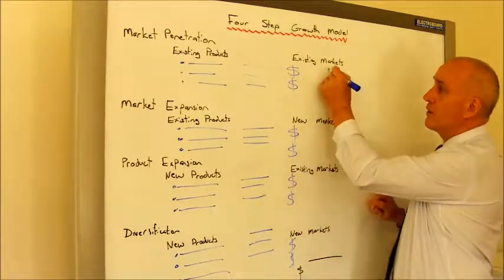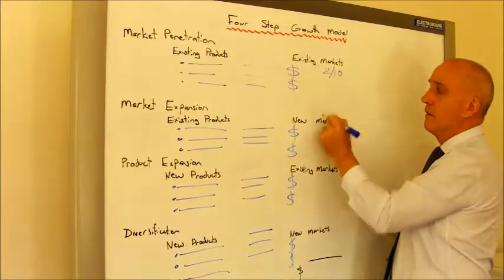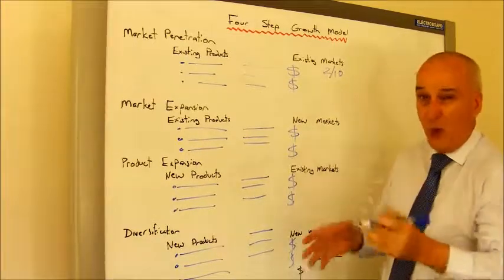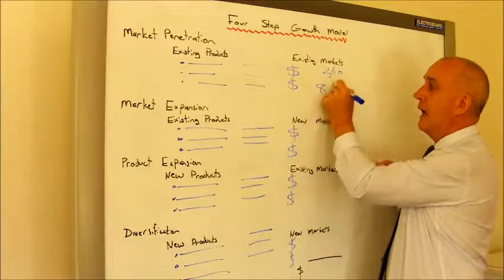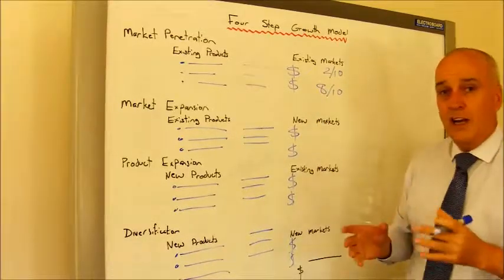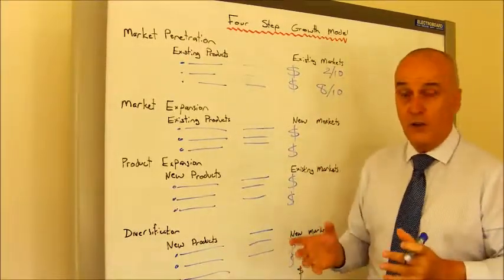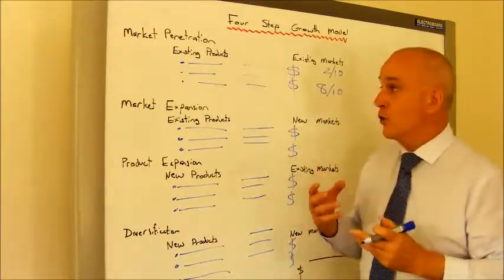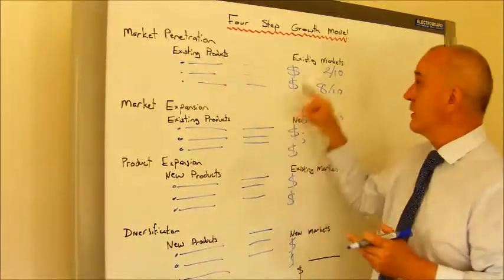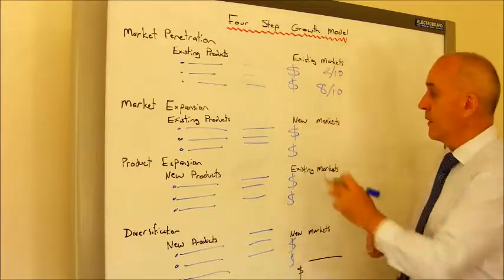So we might give this a 2 out of 10 as being not very easy, but this idea here might be worth an 8 out of 10. So an 8 out of 10 is really, really easy to do, and it might give us some big bang for a buck, and we get a good quick return of selling existing products into our existing markets.